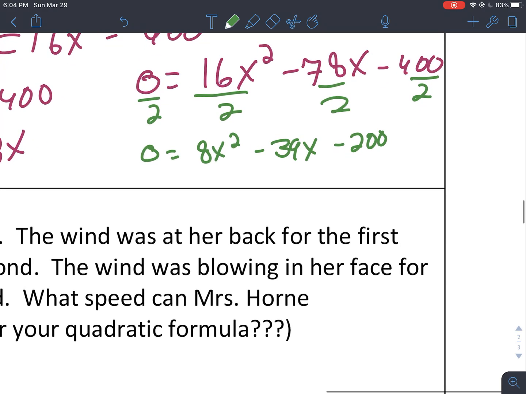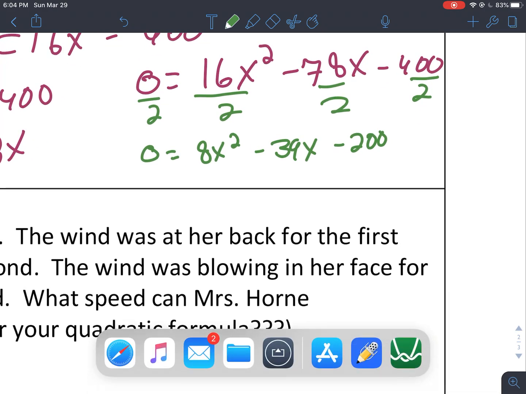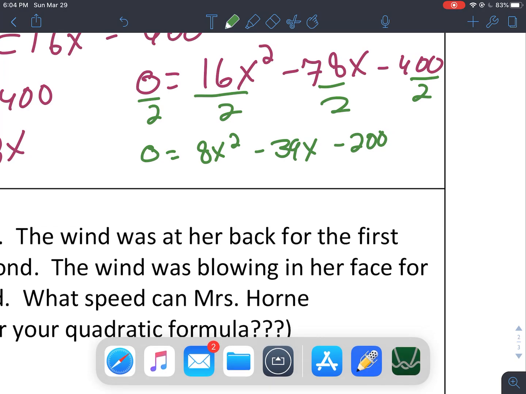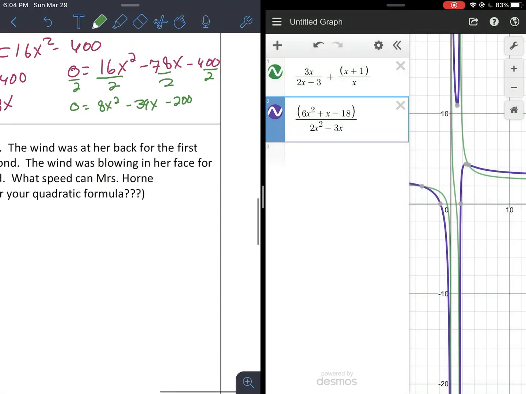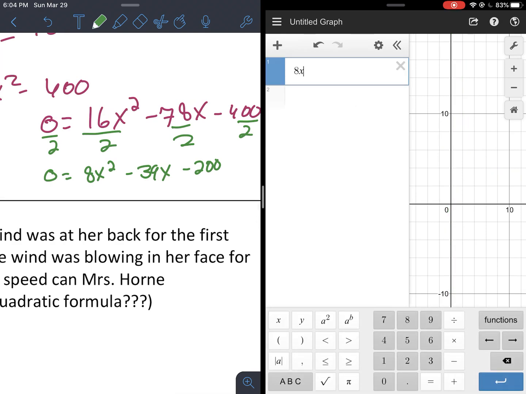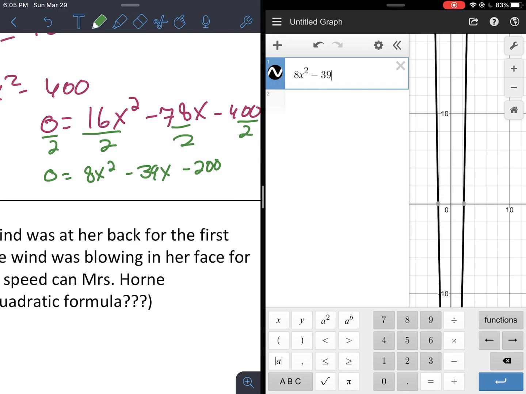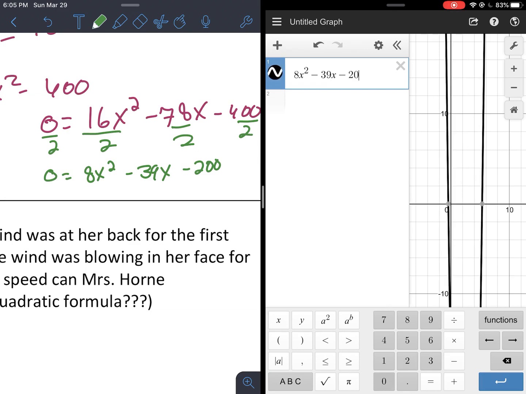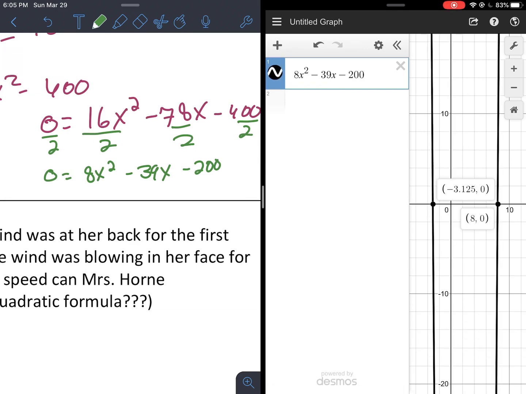This has got to factor, but I don't know. Let's just throw it into a calculator, right? Now we say 8x squared minus 39x. Whoops, didn't do the squared. 8x squared minus 39x minus 200.